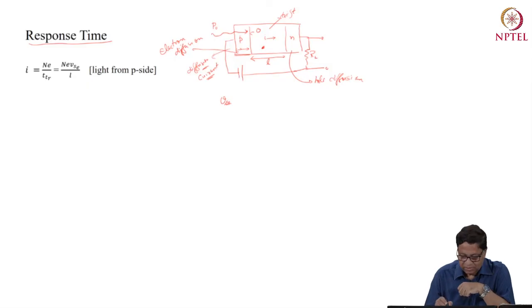So the electron pulse which will be generated will be something like this. So this will be L over VSC.